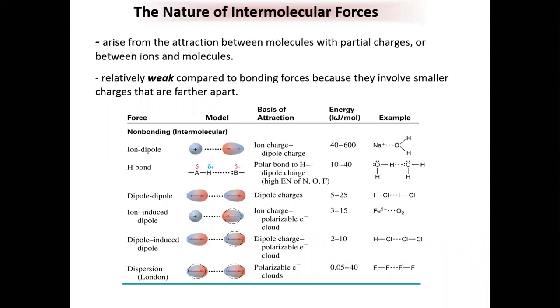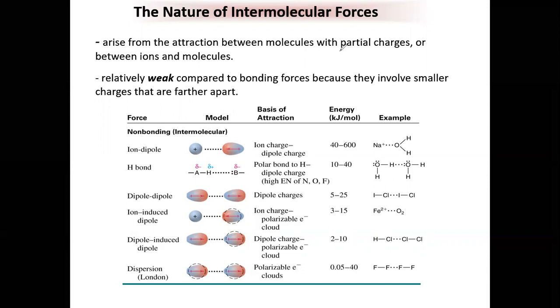Now with intermolecular forces, this is different. Intermolecular forces involve weakening or breaking the attraction between an ion and a dipole, or two dipoles in molecules as well. And so intermolecular forces can arise from a number of different things.